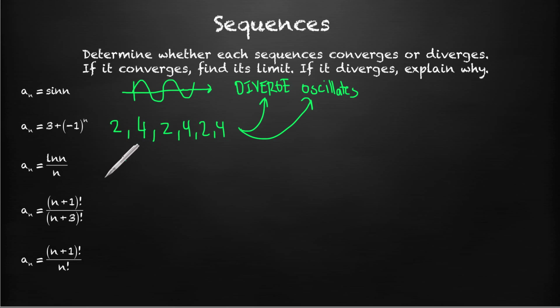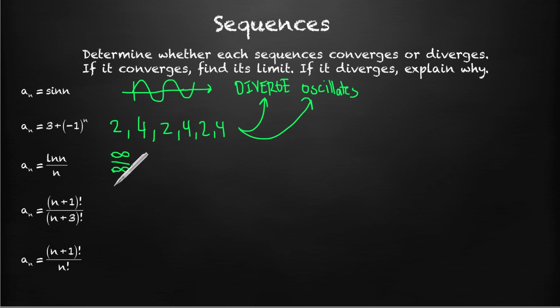Okay, now the third one is maybe not so apparent here, but you can see that as n gets bigger and bigger, you're going to have infinity over infinity. And so the question is, what's going to happen to this overall number, natural log of n over n? Well, this actually takes us back to something that we did a couple weeks ago, which is L'Hopital's rule.